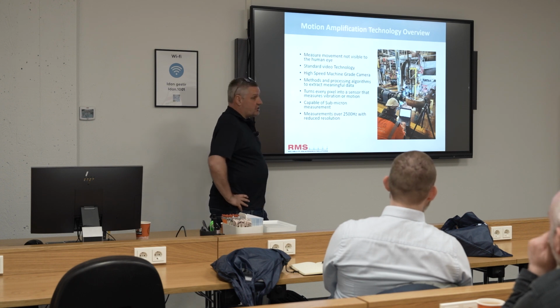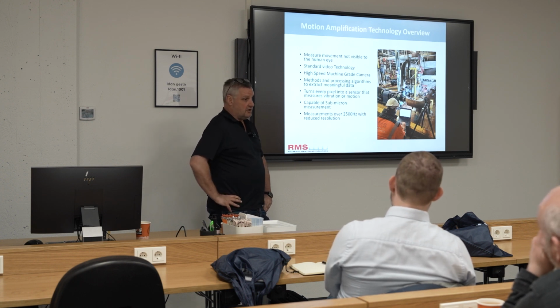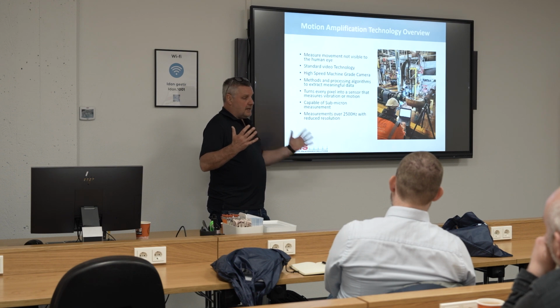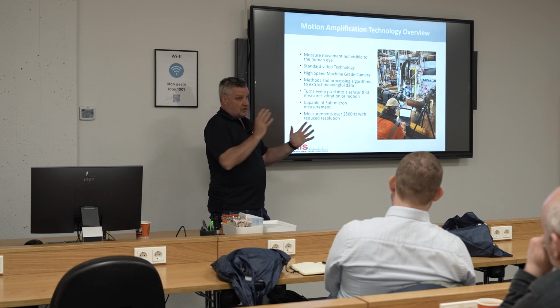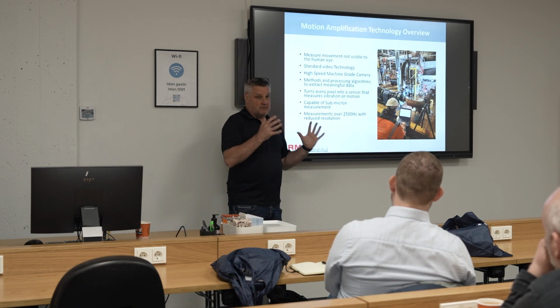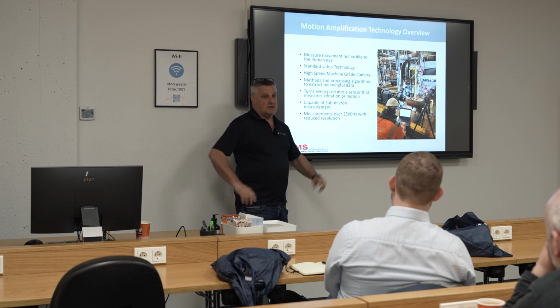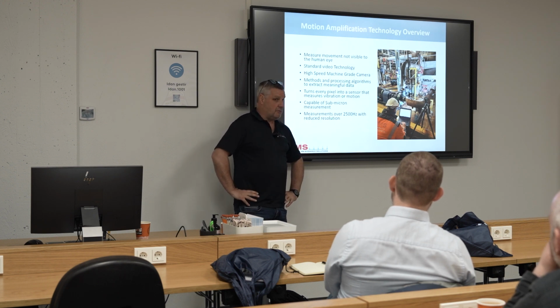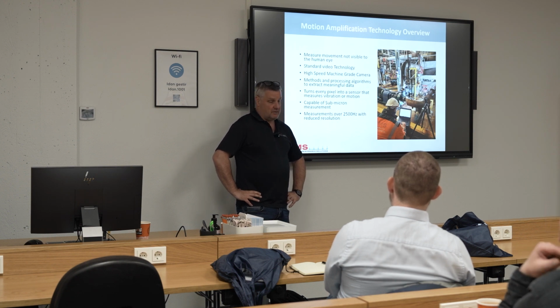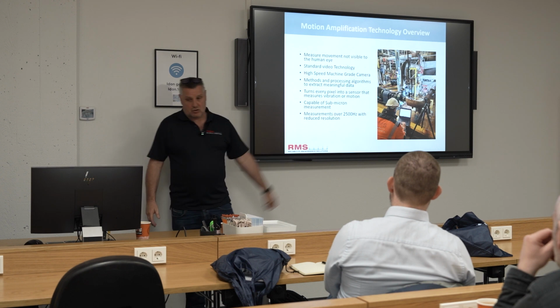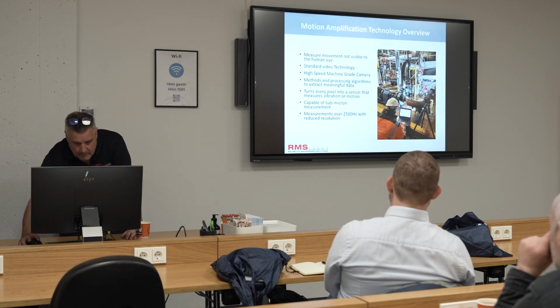More often than not, 60 hertz is adequate for what we're trying to achieve. But if we were looking at a gear mesh issue, which is a high frequency source of vibration, we'd need the high frequency camera. We don't use it very often, but now and again we have to. Just so you know about the limitations in frequency range.